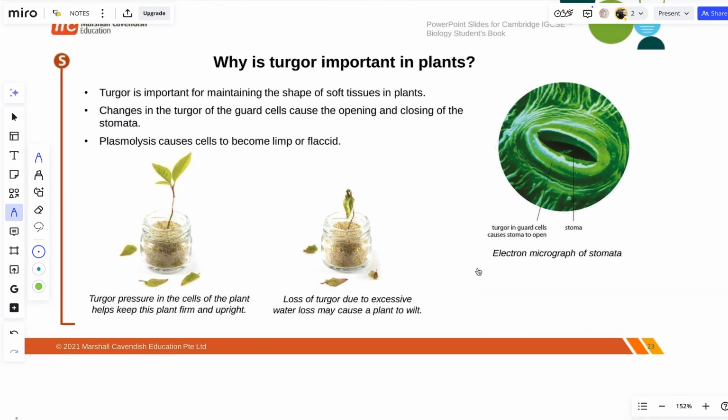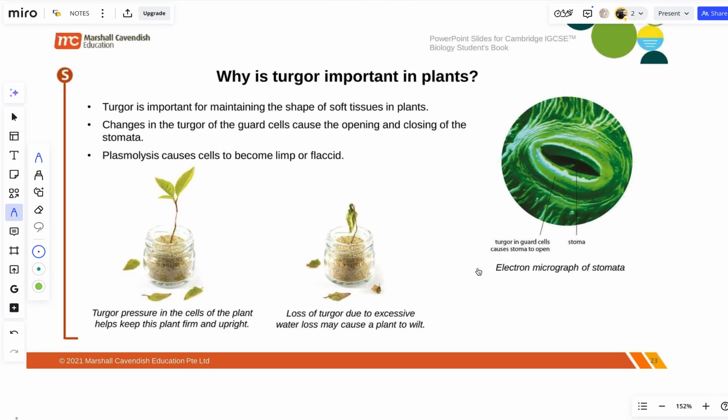Now let's take a look at plasmolysis, which causes the cell to become limp or flaccid. In the exam they may ask you to explain what plasmolysis is. Plasmolysis is the process whereby water moves out of the cell to a region of lower water concentration, and the cell becomes flaccid, shrunken and limp.